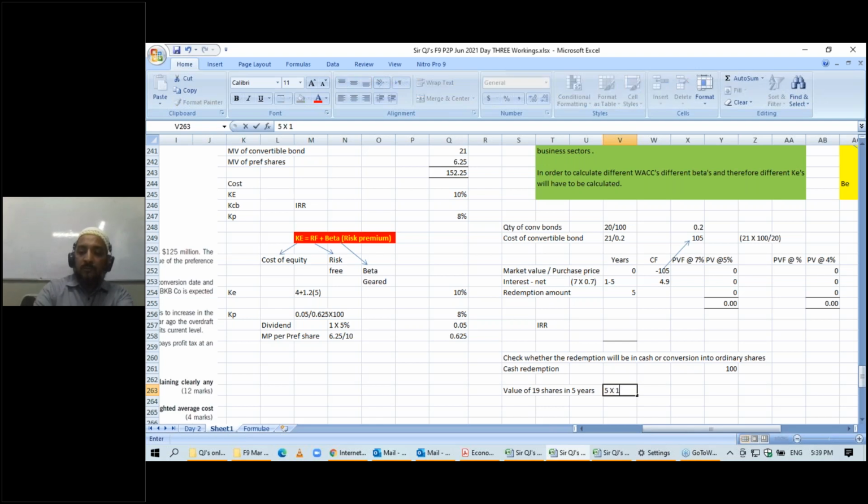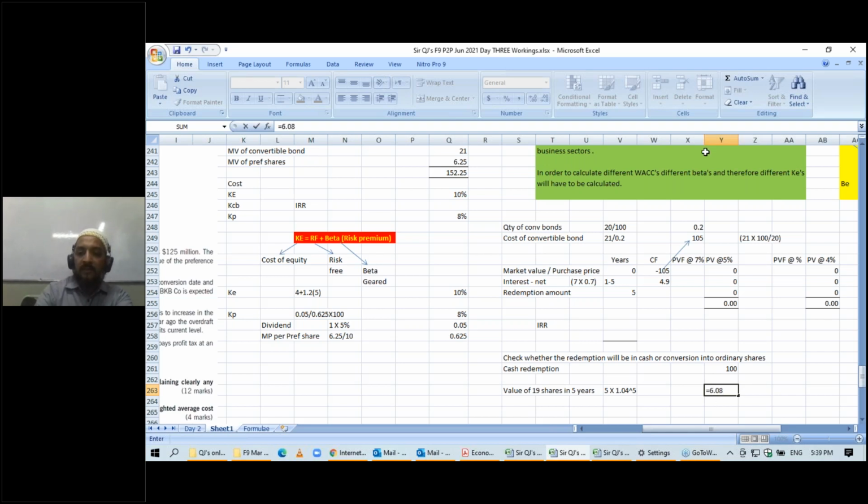So $5 multiplied by 1.04 to the power 5. This gives you the market price. So multiply $5, which is the current market price of the ordinary share, by 104% for 5 times, because the prices are increasing 4% every year for 5 years. So this will make the market price 6.08.